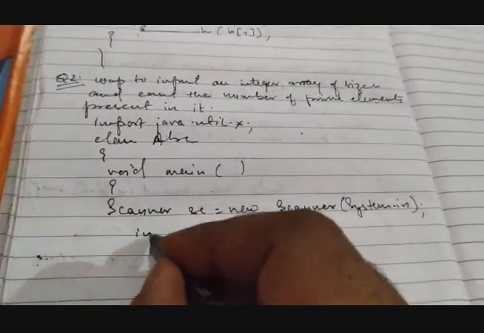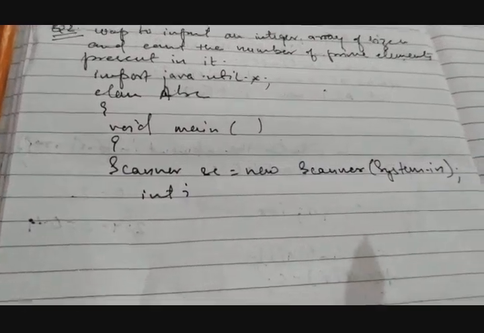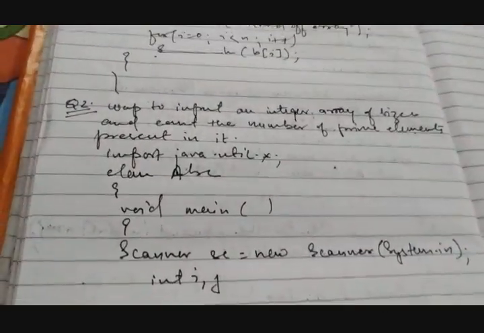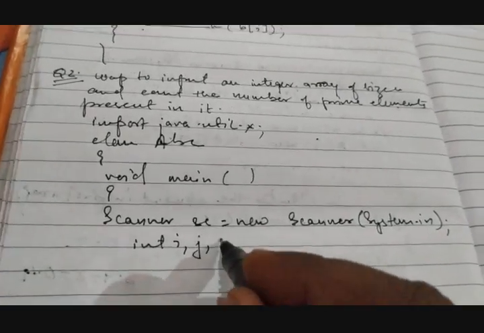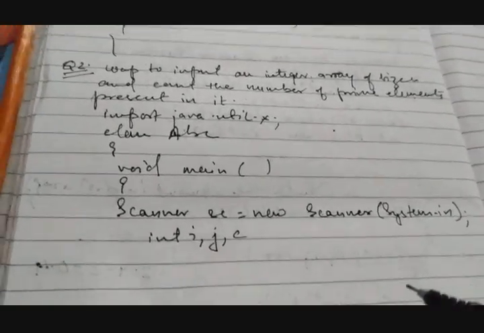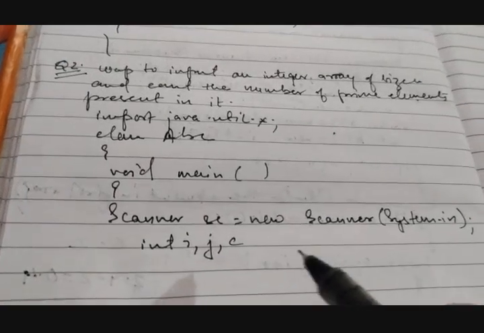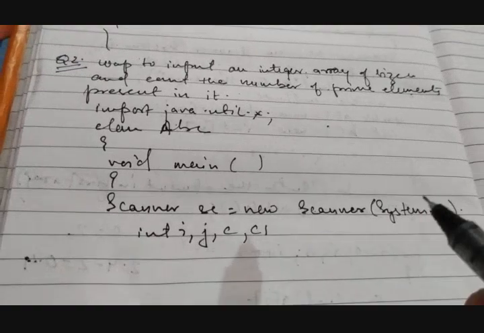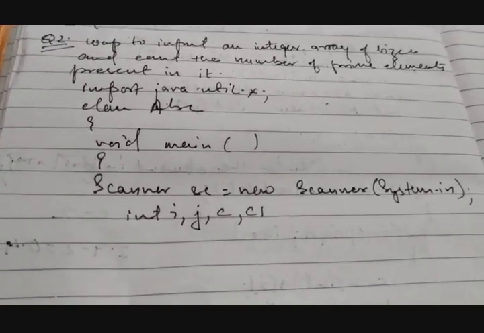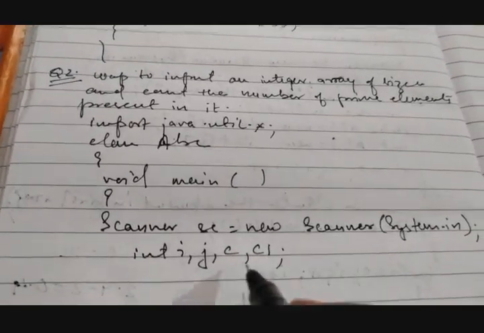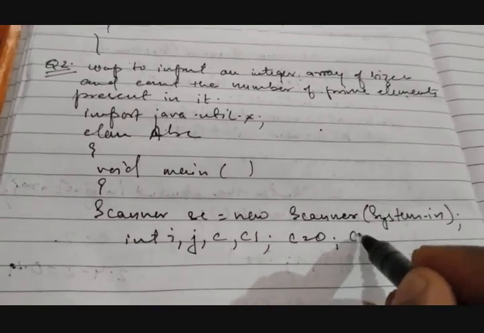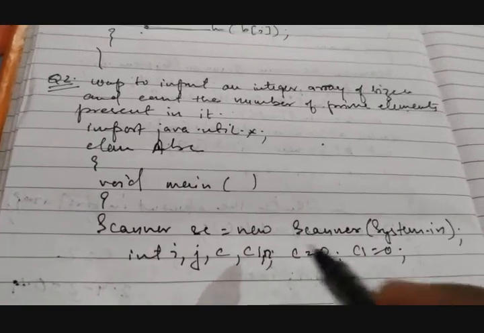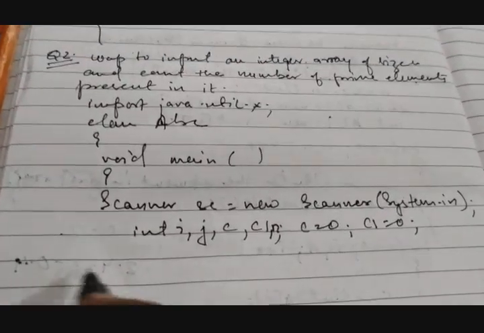Now you require an int i loop. This loop is for the array. We require a j loop to find the prime. We need a counter c to count the number of factors, and c1 to count the number of prime elements. So c equals 0, c1 equals 0, and you need an n also for the size.